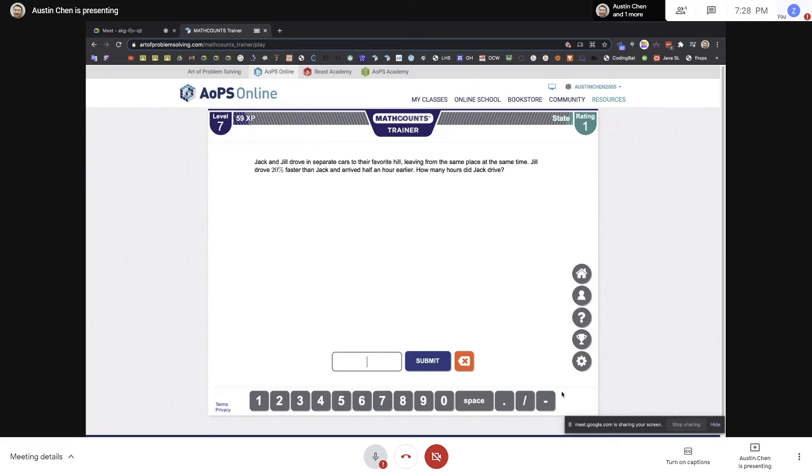Then Jill's speed is 1.2 times x. The time it took for Jack is 1 over x. The time it took for Jill is 1 over 1.2x. Then you could subtract their times.